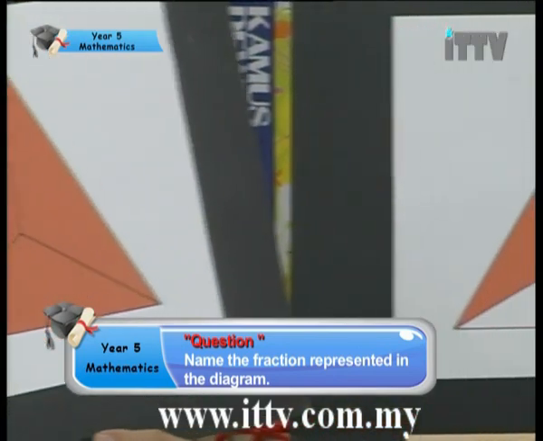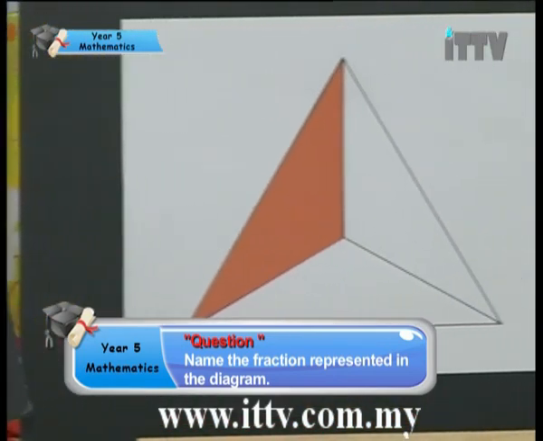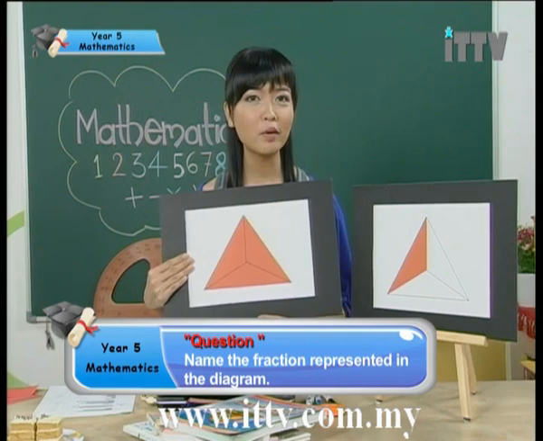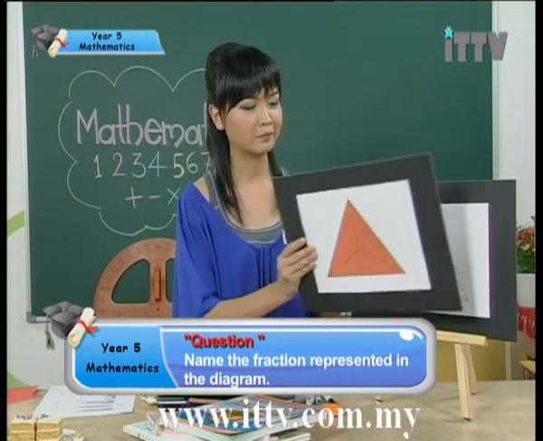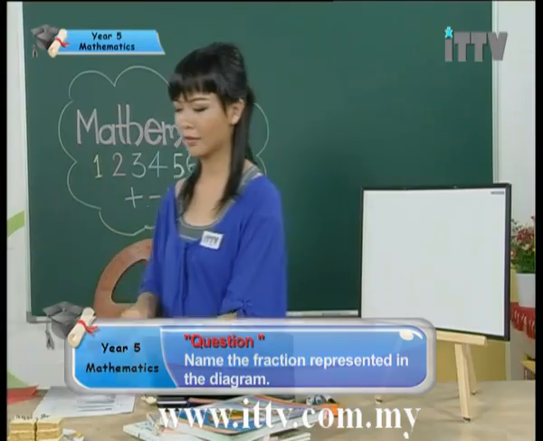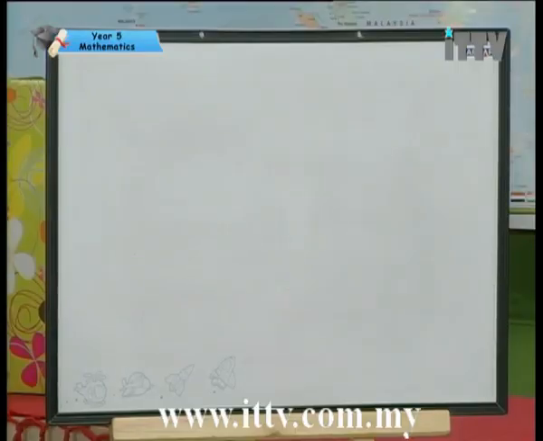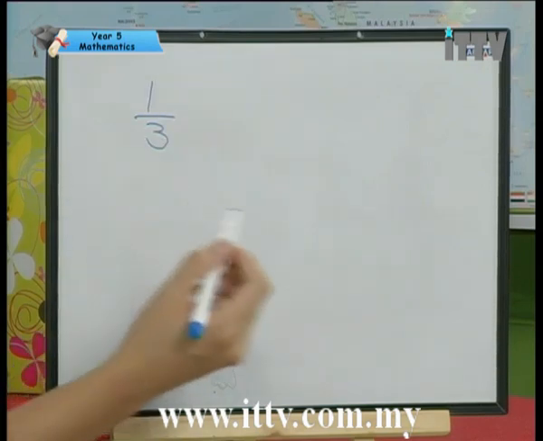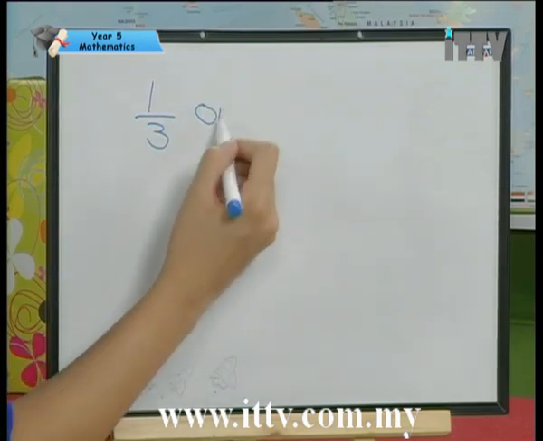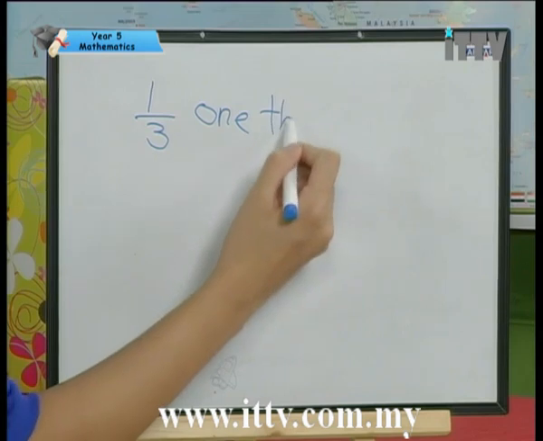4 over 3. Is that a proper or improper fraction? I shall write it out. Now, if I have one piece, 1 out of the 3 pieces, that will be 1 over 3. Or we can call it 1/3.